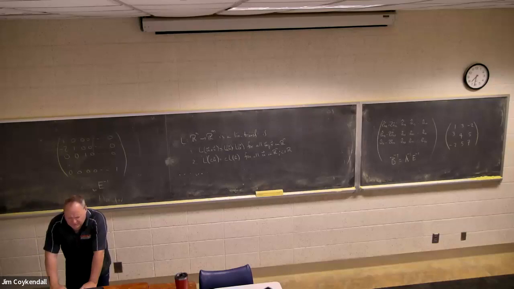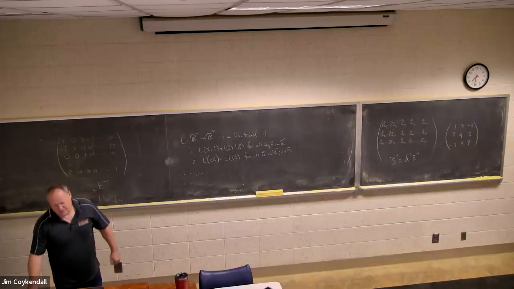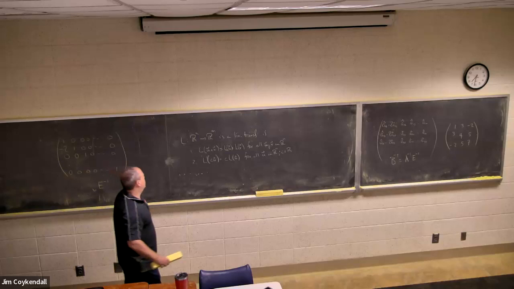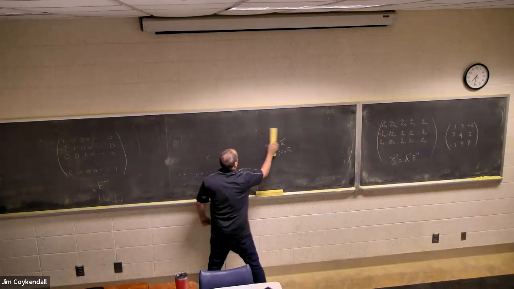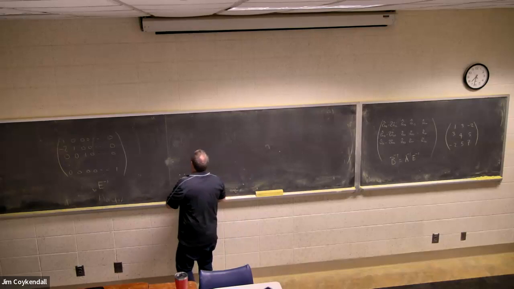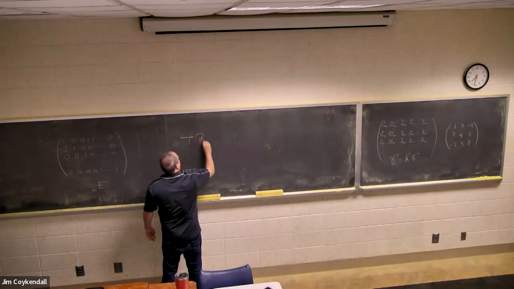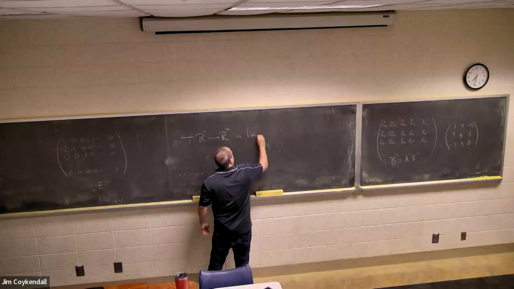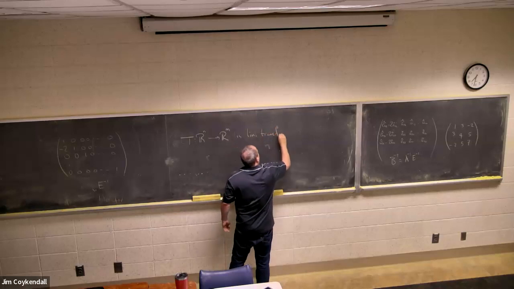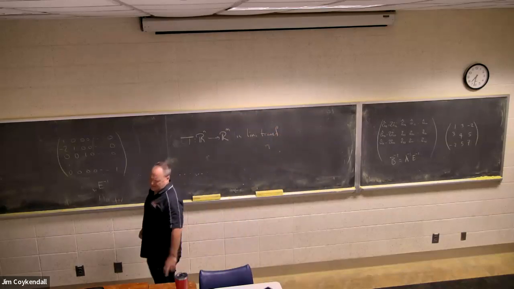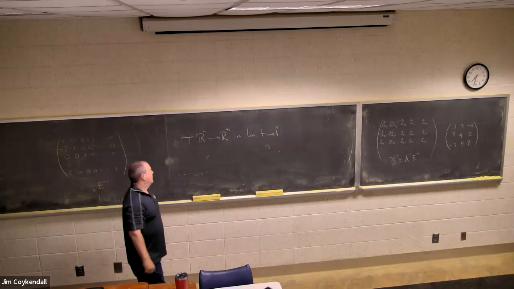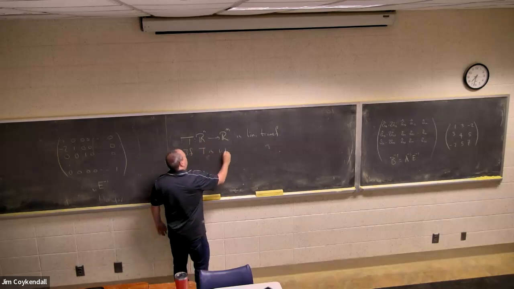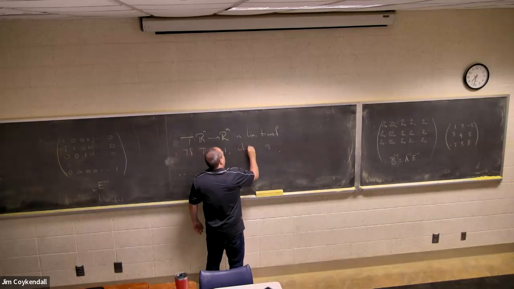Suppose T from Rn to Rm is a linear transformation. If T is 1 to 1, then what is the relationship between N and M?